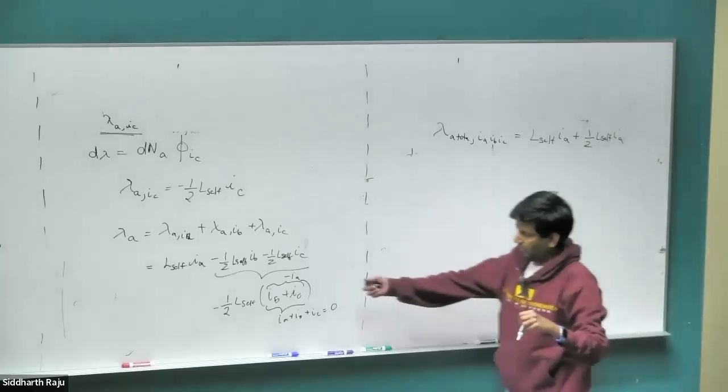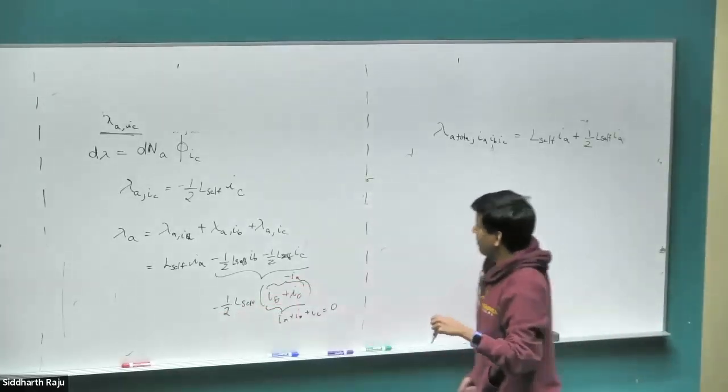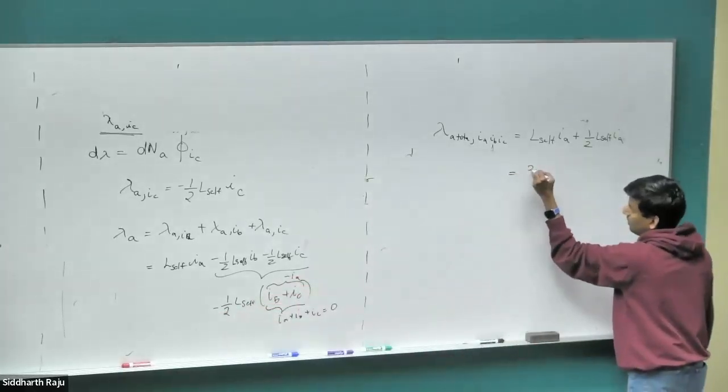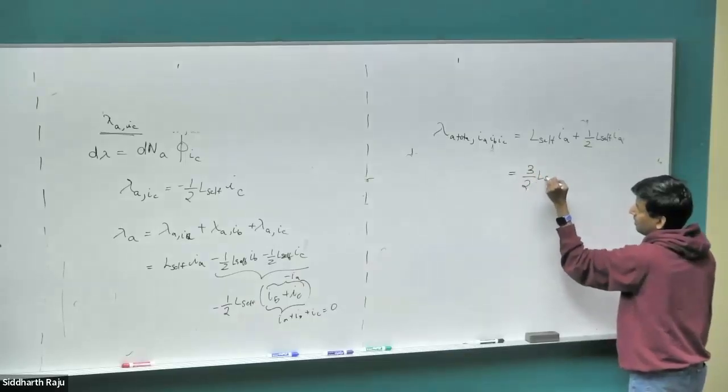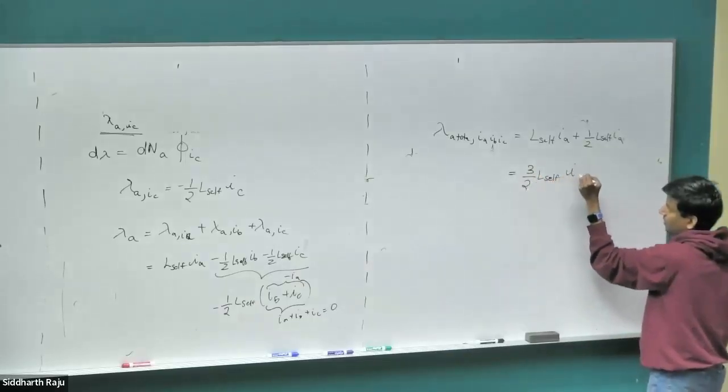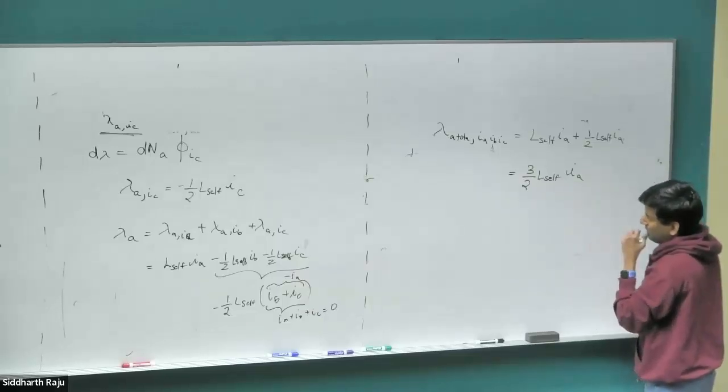Right? Because this negative cancels out this negative, you have a plus 1 by 2. So there is going to be 3 by 2 times L self times IA. Isn't it somewhat beautiful, right?